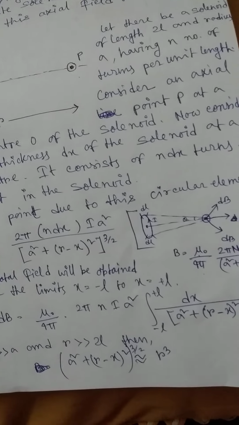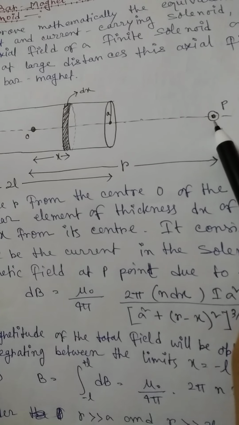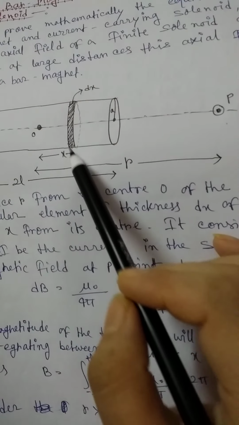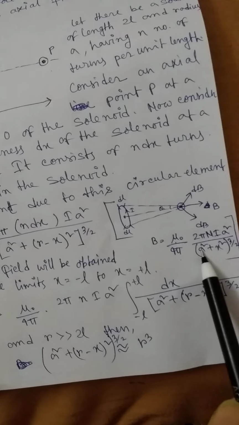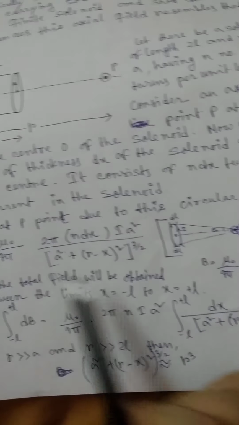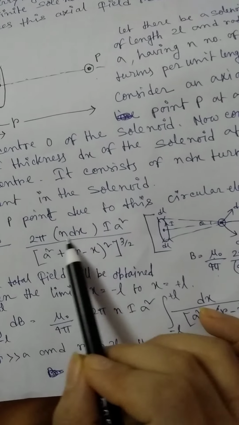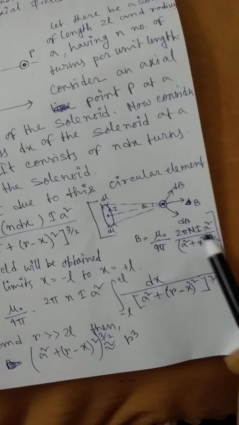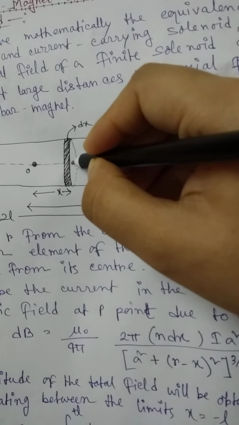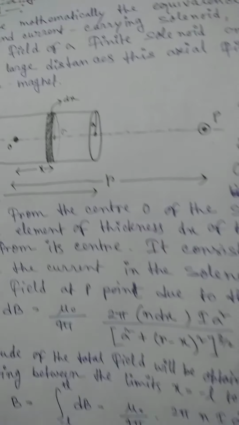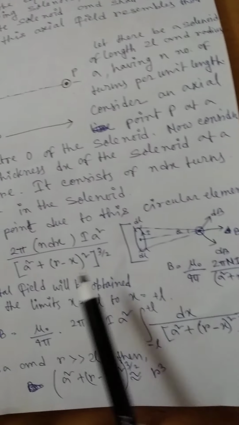So here I am finding the magnetic field at point P due to this current carrying loop. Here the total number of turns is n dx, so this is equivalent to this equation: mu naught by 4 pi, 2 pi, n dx into I, a square, divided by a square plus x square.